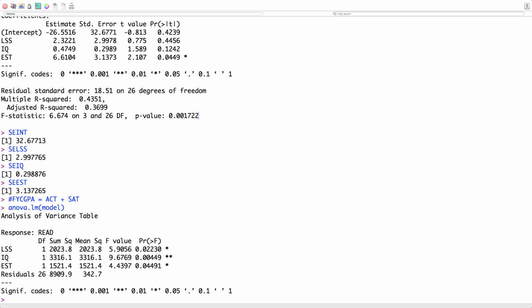This breaks down the sum of squares in partitions. This looks at kind of a hierarchical modeling in a sense. This sets out, first of all, and looks at the sum of squares for LSS. This p-value out here talks about the sum of squares being statistically significant.